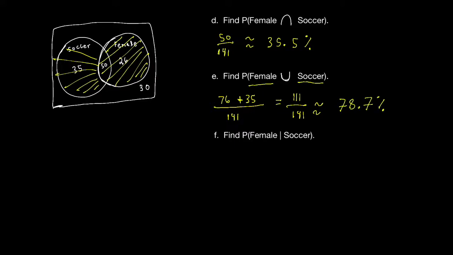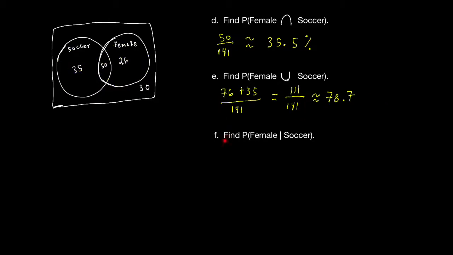Okay, let's do the last one now. We want to find the probability of female given soccer. So we are given soccer, so let's zoom in on soccer. Our sample space is going to be everything that's inside soccer. So the 141 is going to reduce to whatever's inside here. So we have a 35 plus a 50. So our new sample space is going to be 85. And out of these 85, now we have to find the number of people that are female.